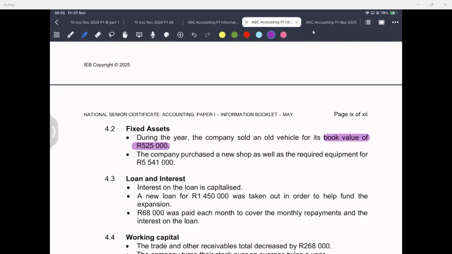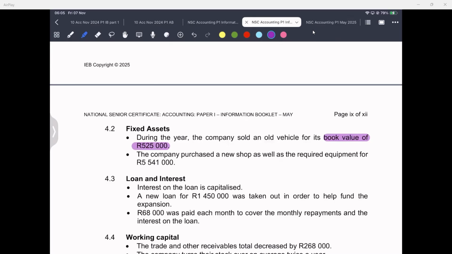So this 525,000, we will take it to note number 3 and subtract it as disposal at carrying value or book value, and then take it to investing activities under the cash flow statement and write it there as proceeds from the sale of the asset. That is because there was no profit and no loss. We just cashed in the true, equal value of the asset.